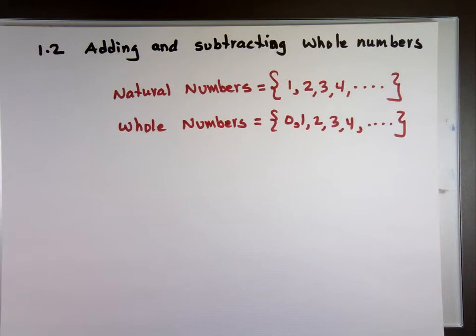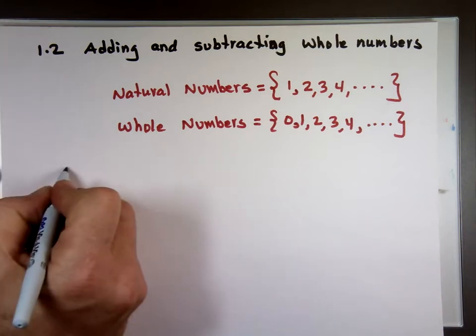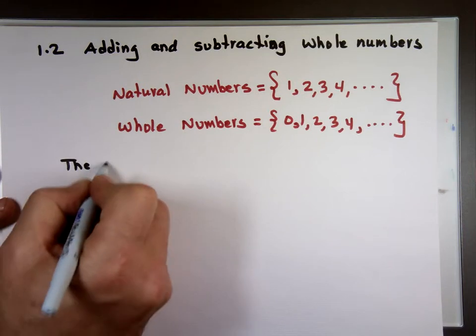There's a few properties about adding. We should know what they are. And one of them, I'll just write them down and I'll tell you what they are. We'll call this the identity property of addition.